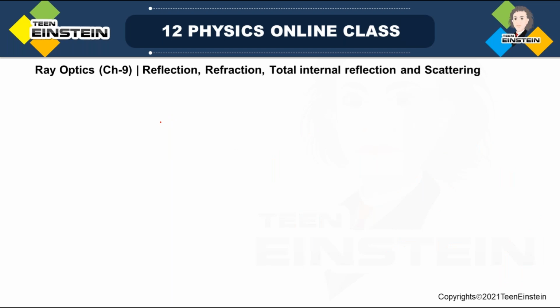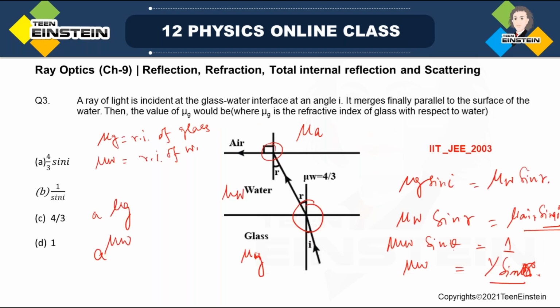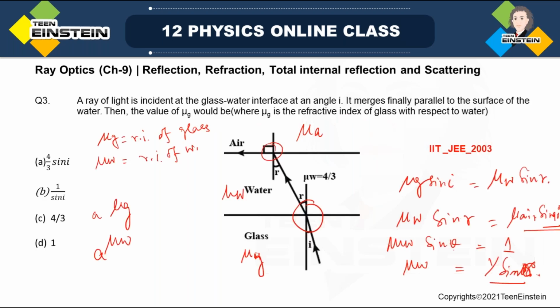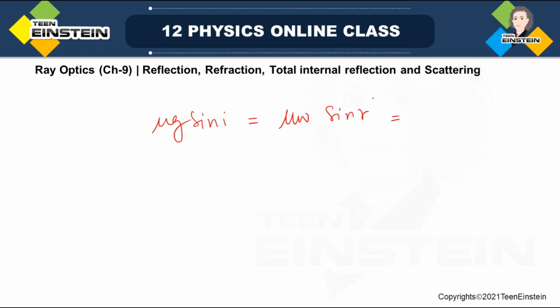Mu g sin I is equal to mu w sin r. We have already got mu w to be 1 over sin r.